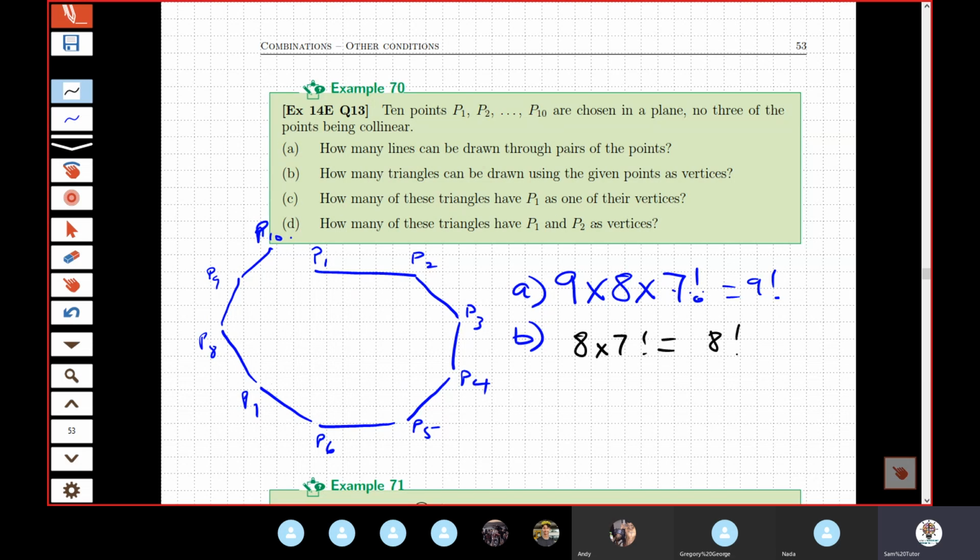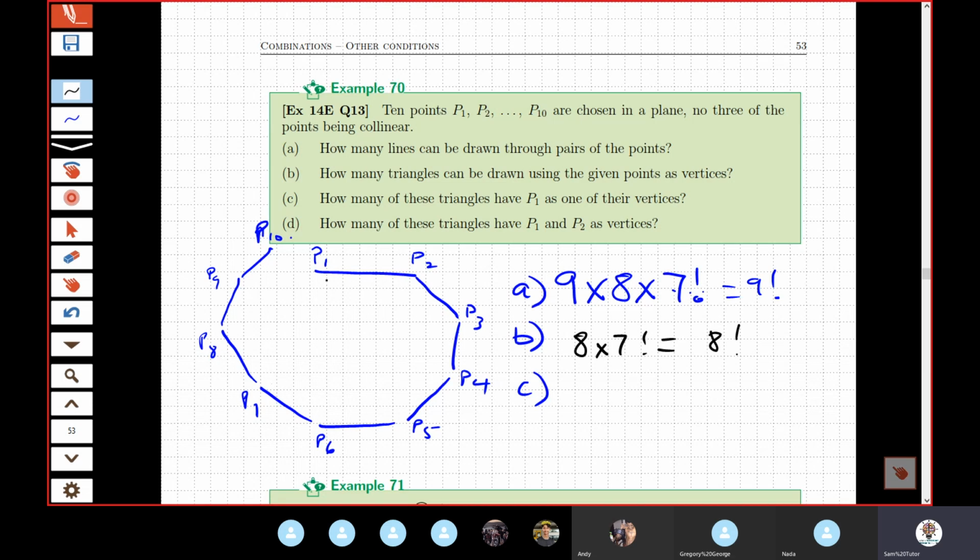How many of these triangles have P1 as one of their vertices? It should just be 8. Right? Am I wrong? Maybe not, there's more of them. There's plenty more. Because it should be P1, P2, P3, P1, P3, P4, and so on. Then P3, P4, P3, P5, P1, P3, P6. You get me?